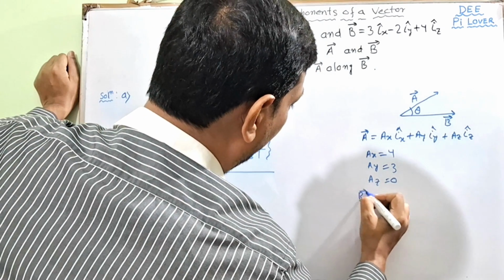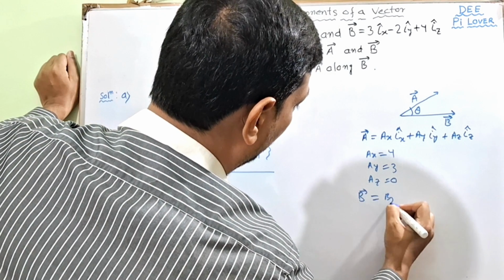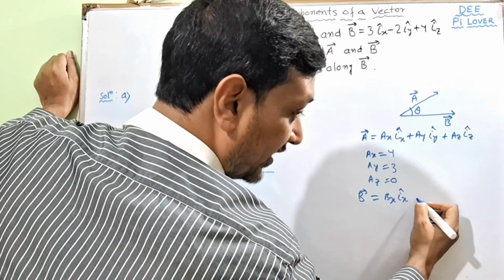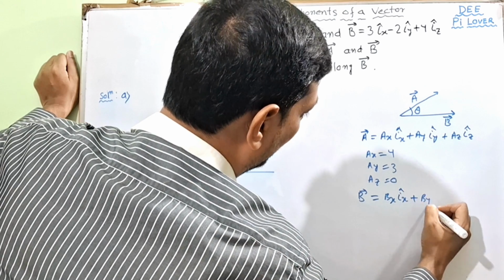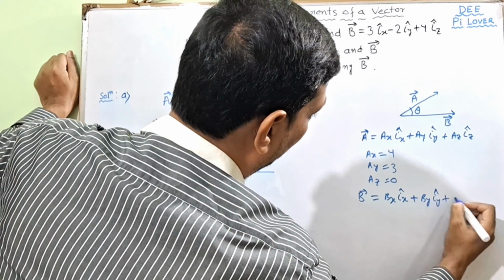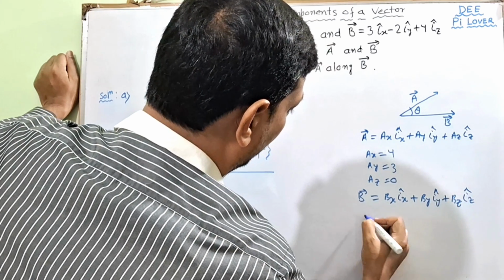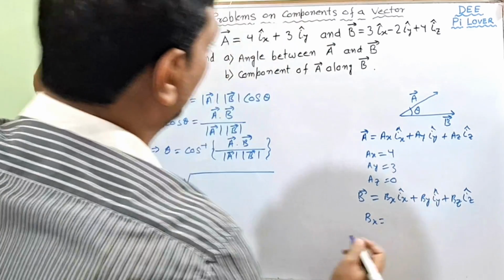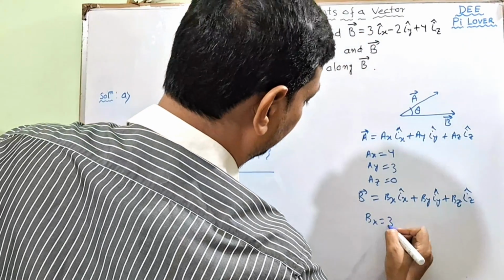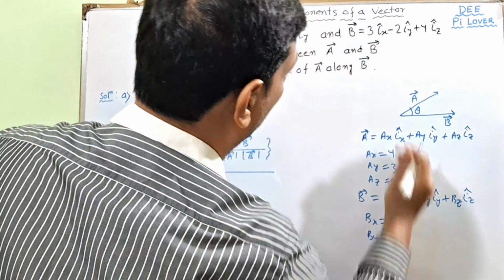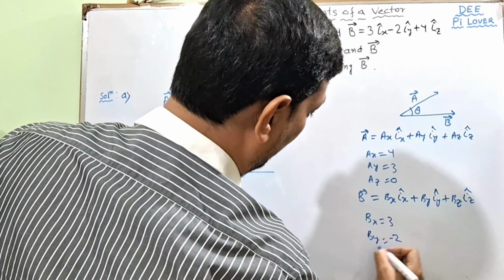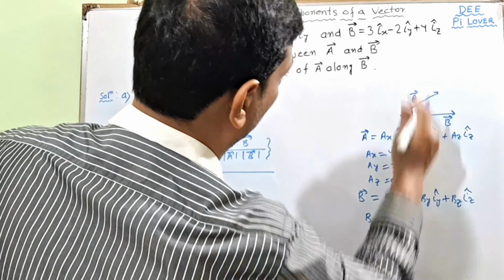We can write B vector equal to BX IX in general form plus BY IY unit vector plus BZ IZ unit vector. That means BX equal to 3, BY equal to minus 2 and BZ equal to 4.